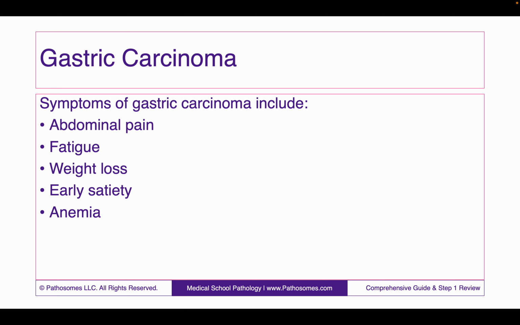Symptoms of gastric carcinoma include abdominal pain, fatigue, weight loss, early satiety, that's enough for me, and anemia.